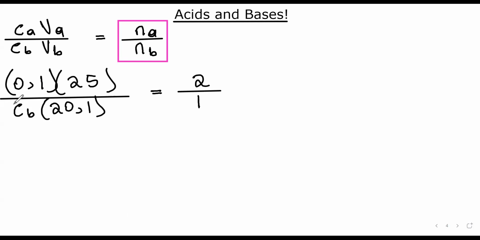Then how do we make this concentration the subject of the formula? Well, it's easy. How is it easy? Well, we just cross multiply, right? We say this one times that, this one times that. And after cross multiplying, we now divide by 2 times 20.1.